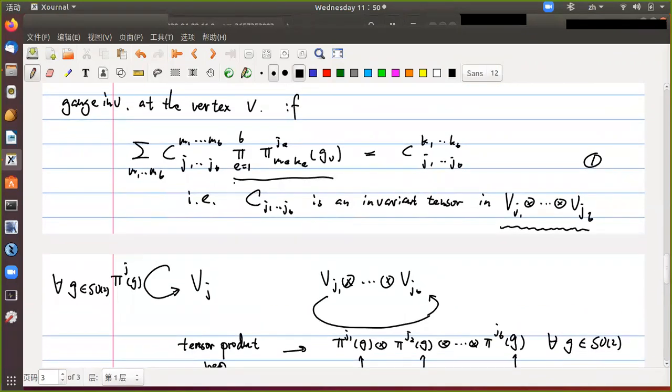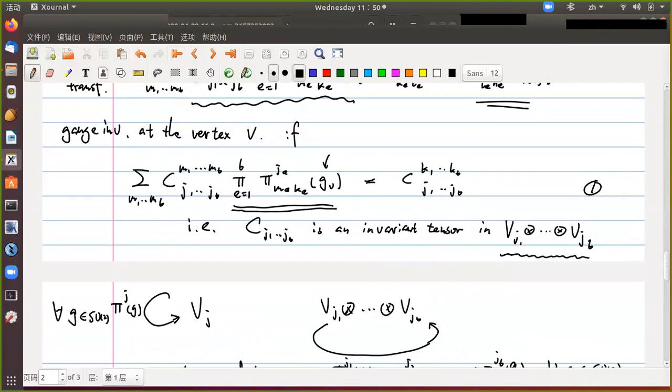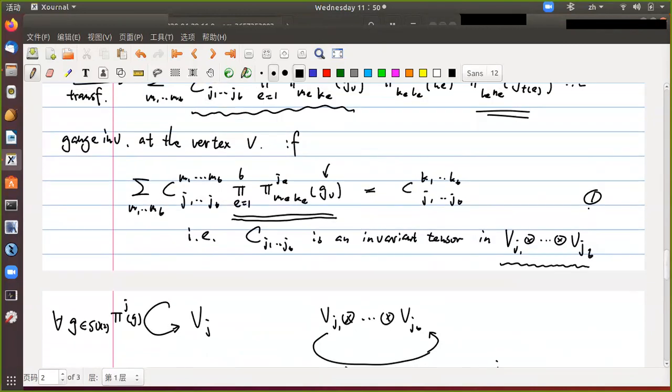So you get the representation matrices and act on this tensor. This contraction means that it acts on the tensor state. And this equation 1 just means that under this operation, this tensor C is invariant. It means that C is an invariant tensor in the tensor product representation.